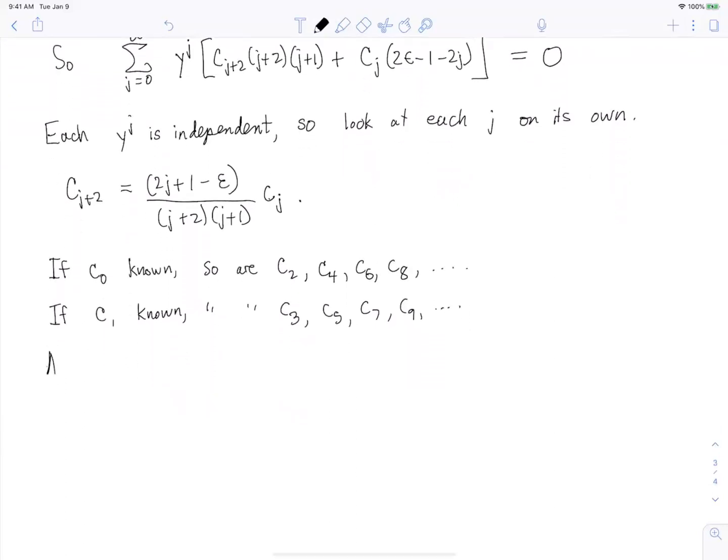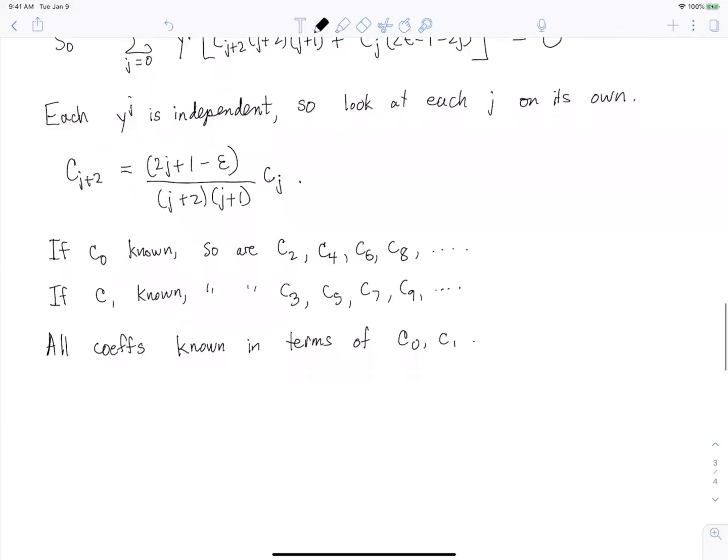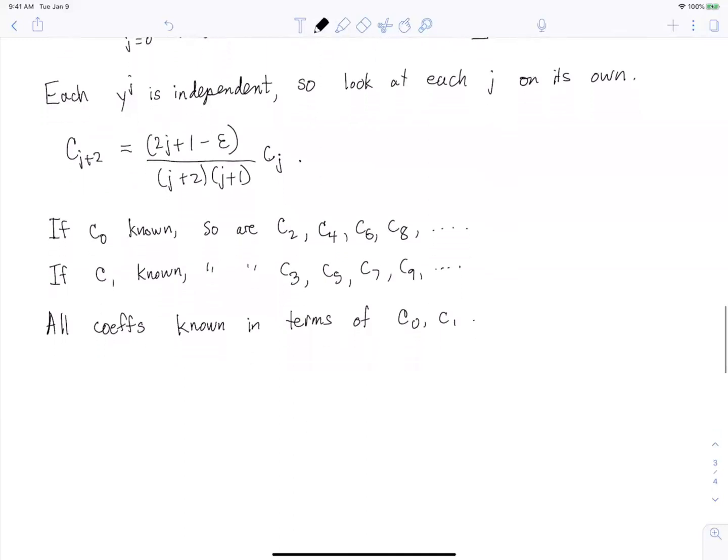So all coefficients are known in terms of C0 and C1. And not only that, but having done so, we will have automatically solved the differential equation. So it indeed does work. Our lucky guess of what to try for this function u of y does work.